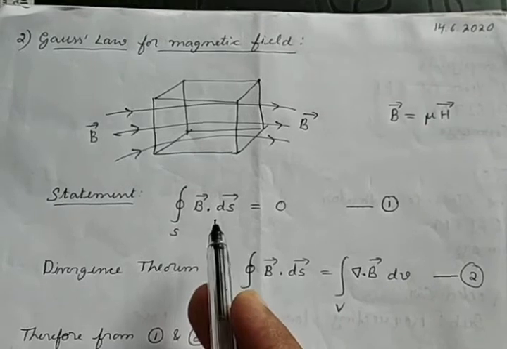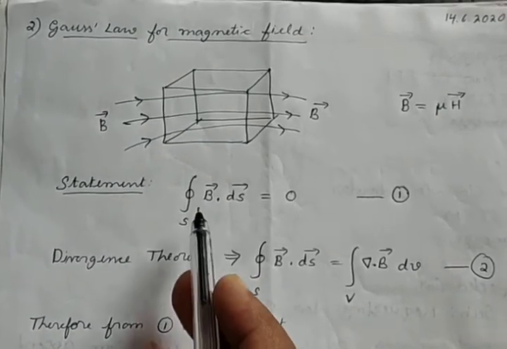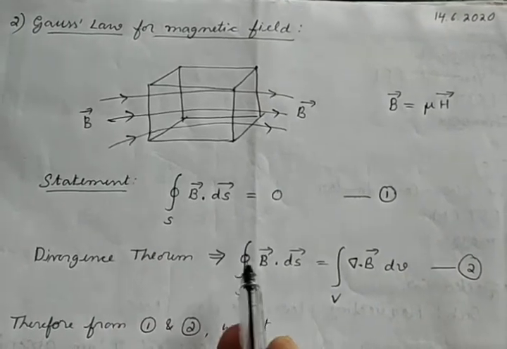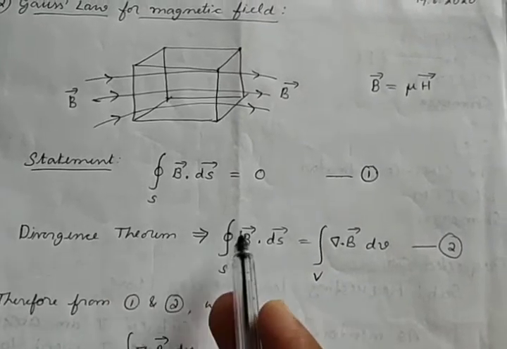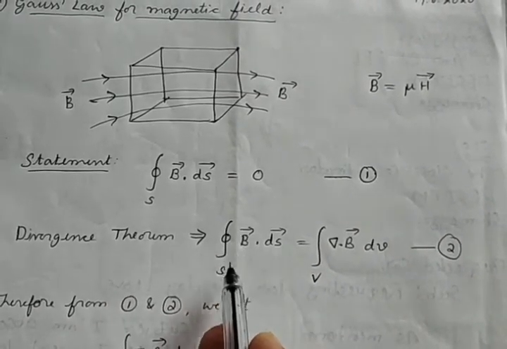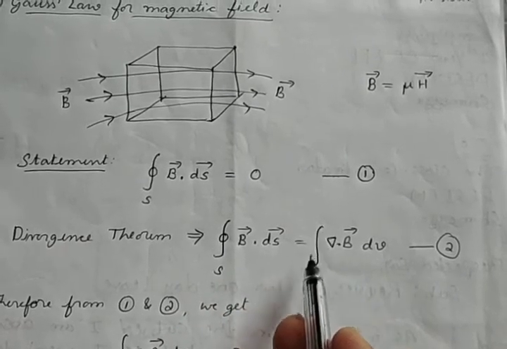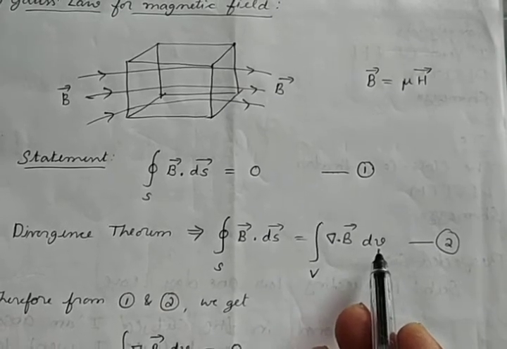Now let us write this using the Gauss divergence theorem. So here we can write this closed surface integral into the volume integral using the Gauss divergence theorem. According to which, the closed surface integral of B bar dot ds bar is equal to the volume integral of divergence of B bar dV.